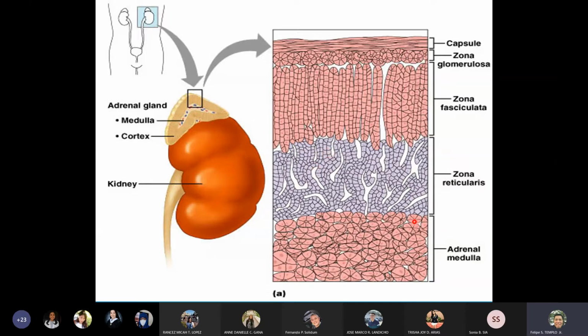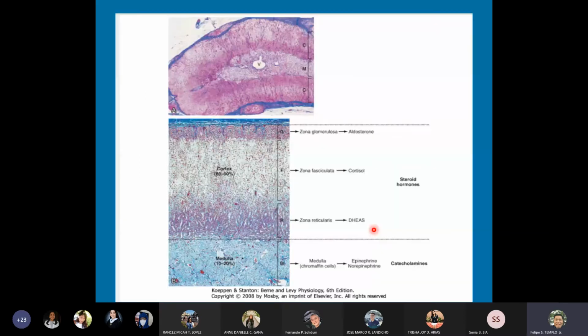In the adrenal medulla, we have hemorrhagic areas here because of the abundance of blood supply, so they are dark or deep brown in color. If you remember in your histology, the glomerulosa is a bit glandular in appearance, the fasciculata is in cords, and the reticularis here.